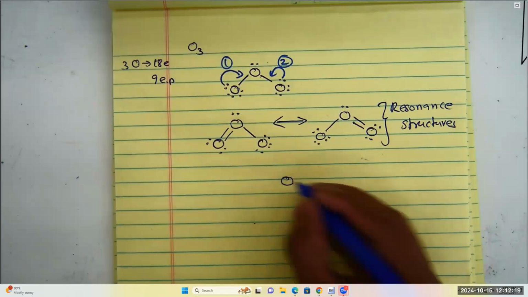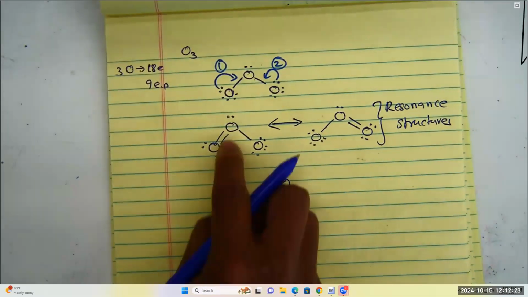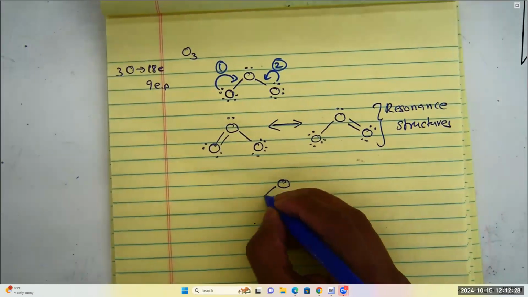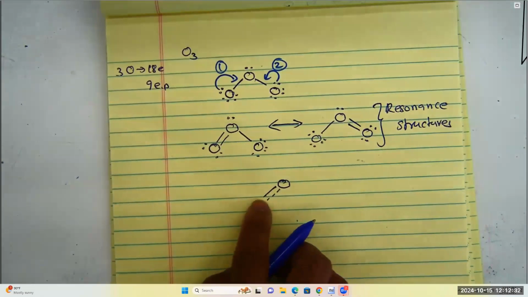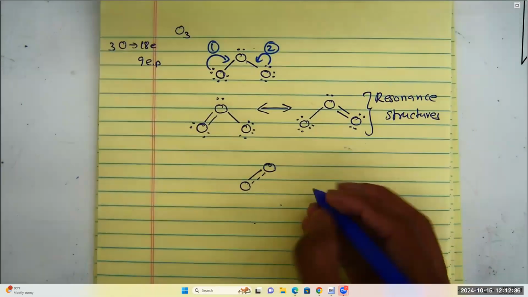So in the hybrid structure, get this, the bond on the left-hand side is not a double bond, not a single bond, but a bond between a double and a single bond. So I'm going to indicate that by a solid line and a dashed line like this.